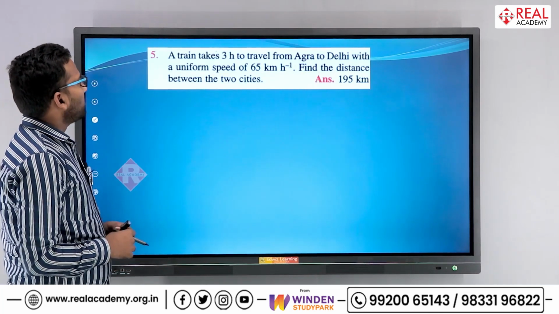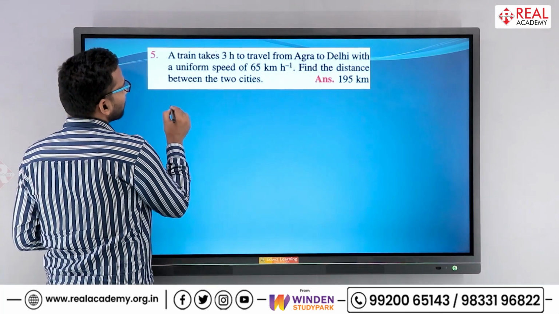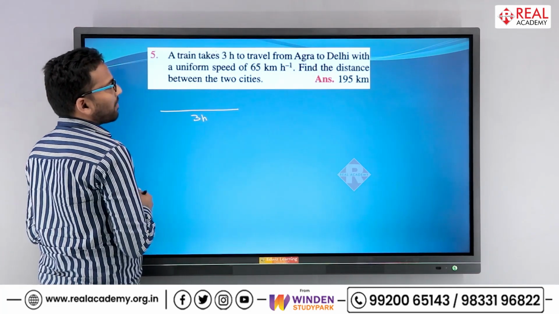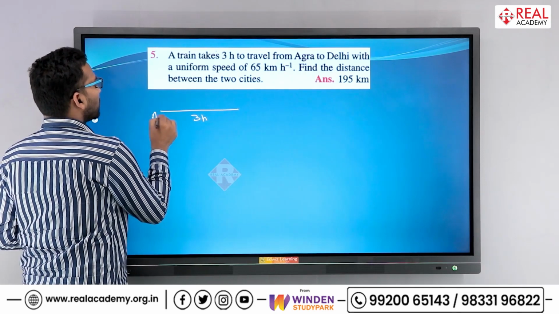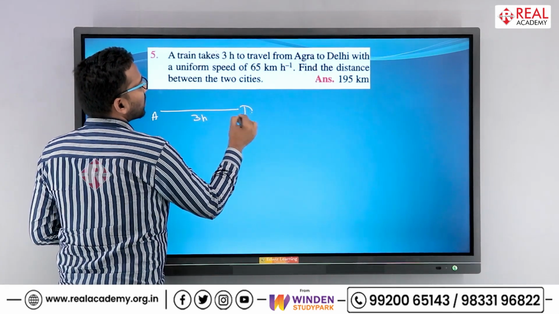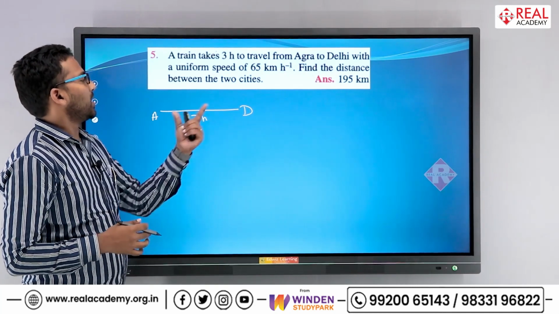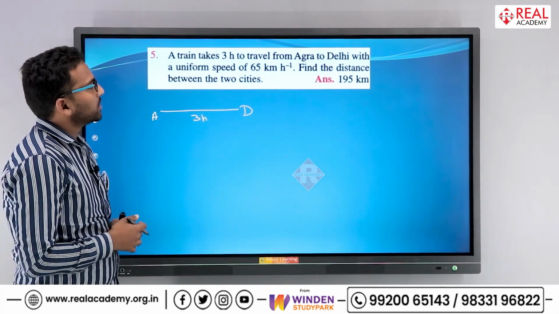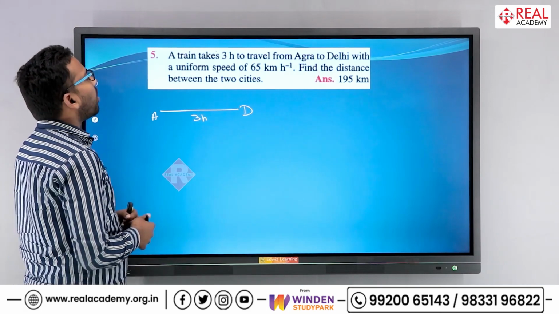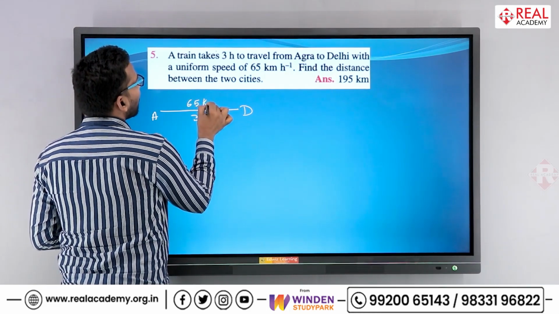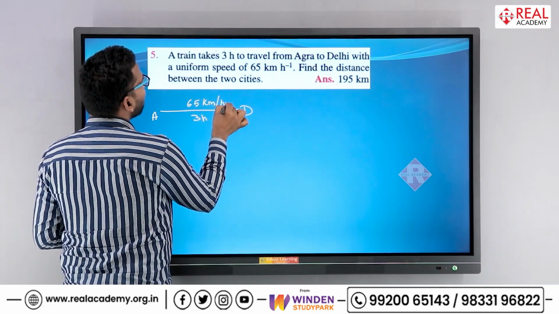ओके, वेरी इंटरेस्टिंग सम. A train takes 3 hours to travel from Agra to Delhi. एक ट्रेन को 3 घंटे लगते हैं आगरा से दिल्ली जाने के लिए. ओके. विथ अ यूनिफॉर्म स्पीड ऑफ 65 किलोमीटर पर ऑवर.